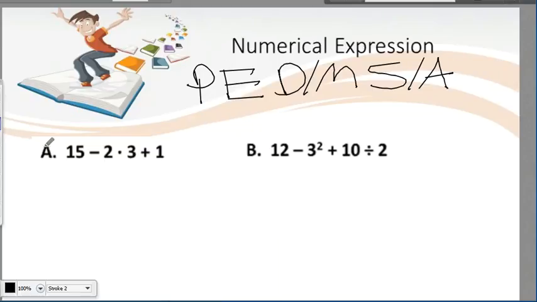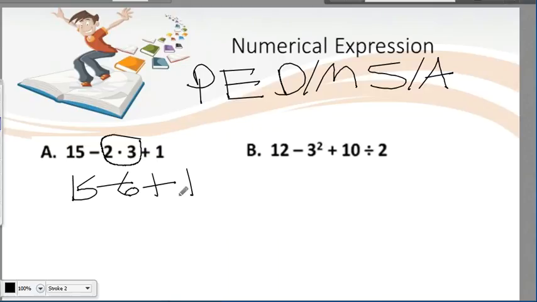Okay, so as we look at this one, we have 15 subtract 2 times 3 plus 1. Okay, so we need to take care of this multiplication before we do the subtraction and addition. So 2 times 3 is 6. So now we have 15 subtract 6 plus 1.